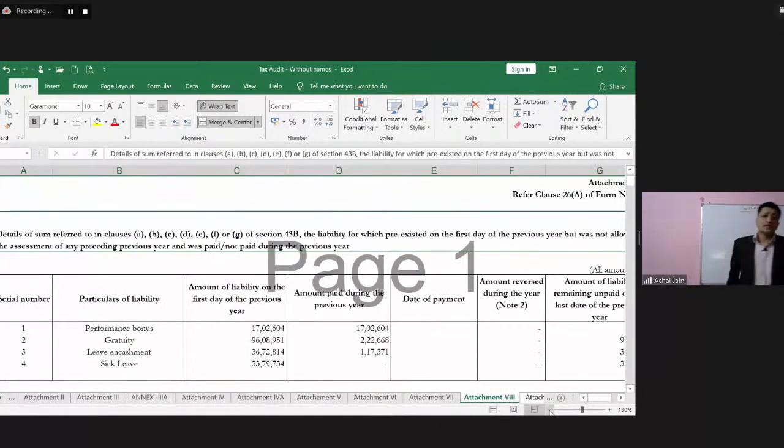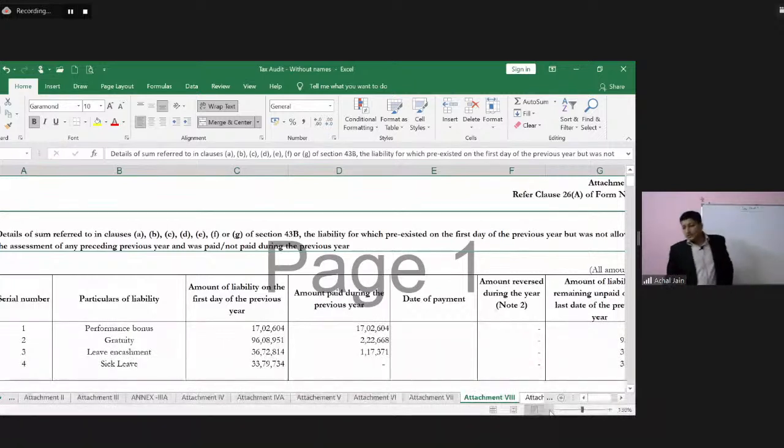Details of sums referred to in section 43B, the liability for which pre-existed on the first day of the previous year and was not paid during the previous year or during the preceding previous year, or was paid during the previous year. So let's understand which items will fall under section 43B.